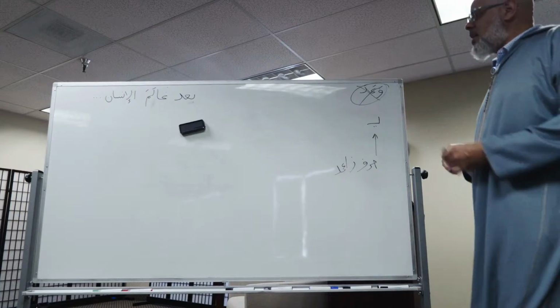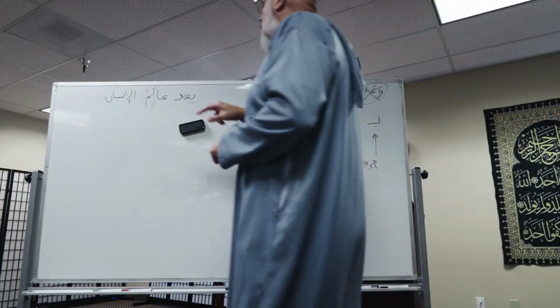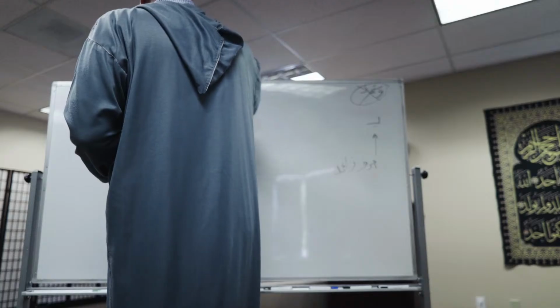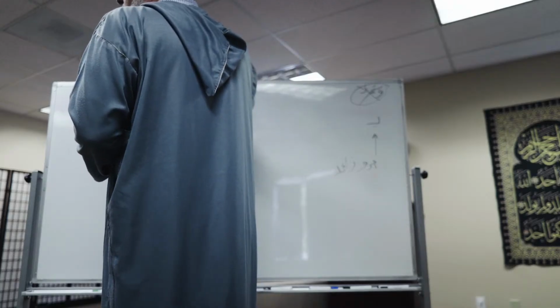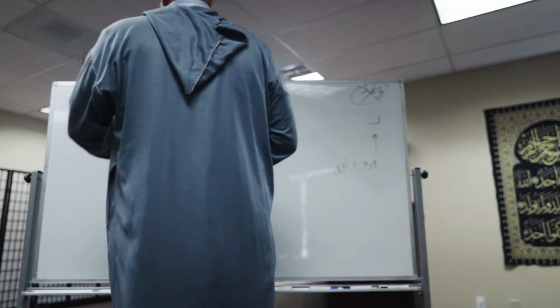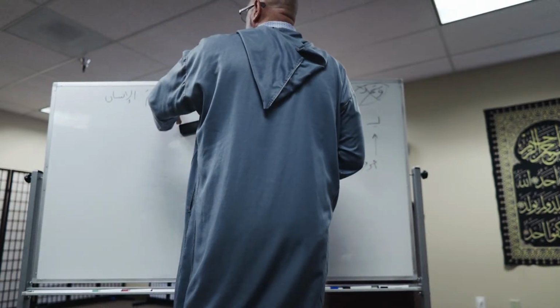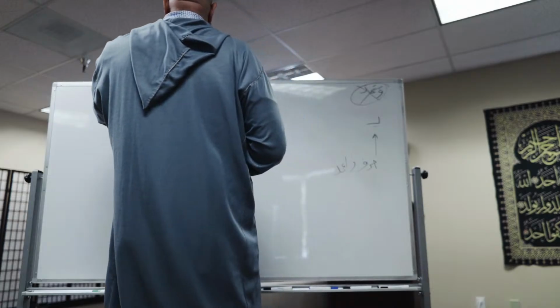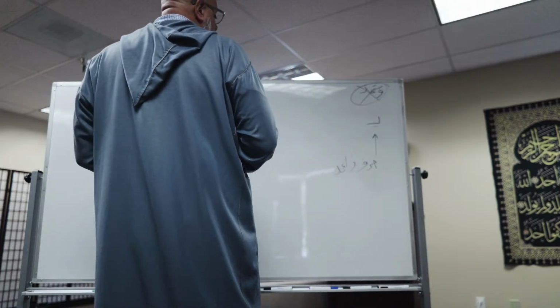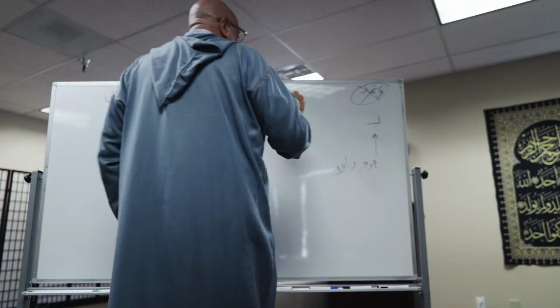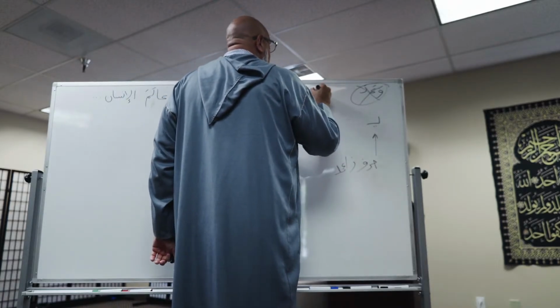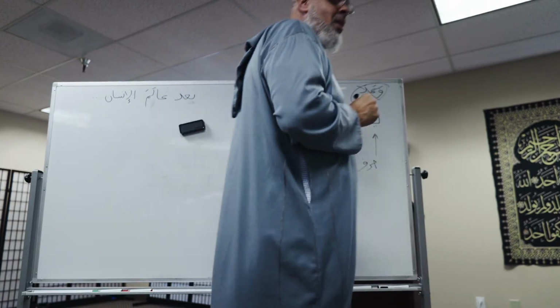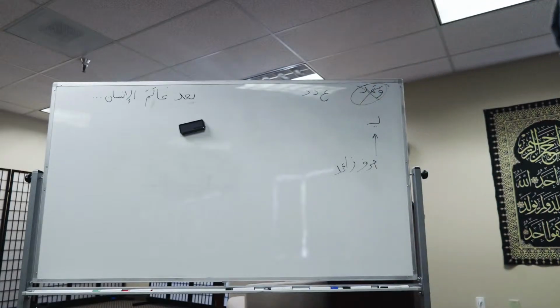So if this is added, and we're confident that it is not a 3-letter root, like wa'ada, then what are the other possibilities that we are left with? The only other possibility is that this is actually a 2-letter root. Now, technically, it's always 3 letters, but it is going to be an ayn, a dal, and a dal.